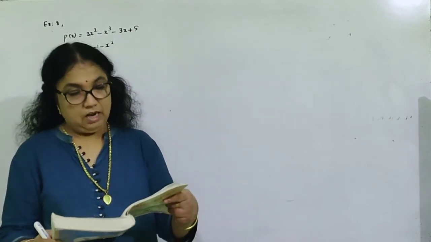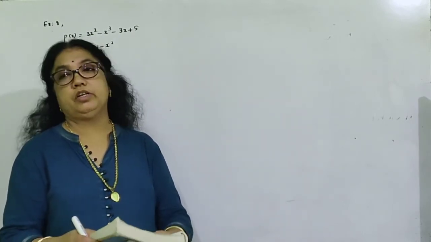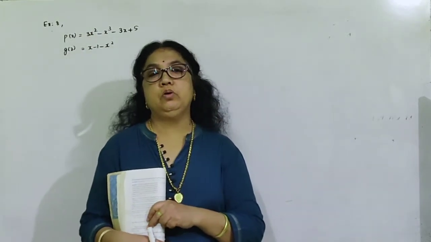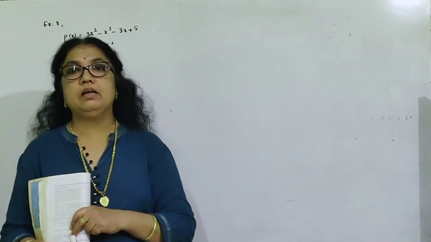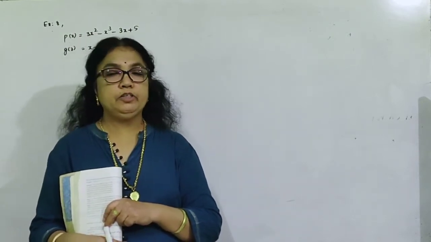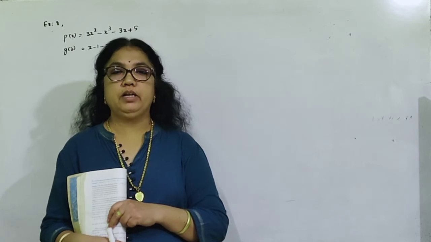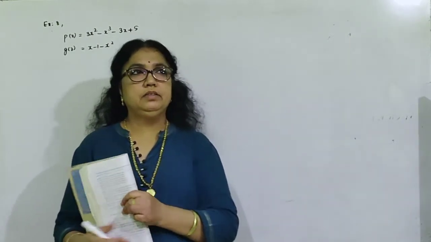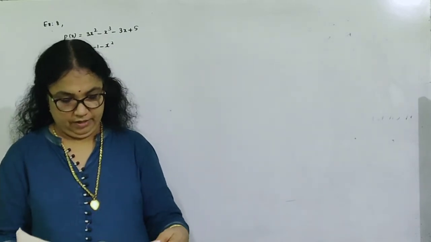After dividing, verify the division algorithm. What is the division algorithm? Dividend equals divisor multiplied by quotient plus remainder. Means the product of divisor and quotient, on adding the remainder, we will get the dividend. That is the verification of the division algorithm.